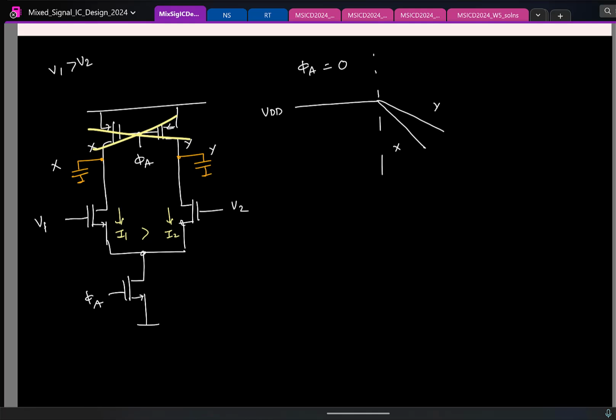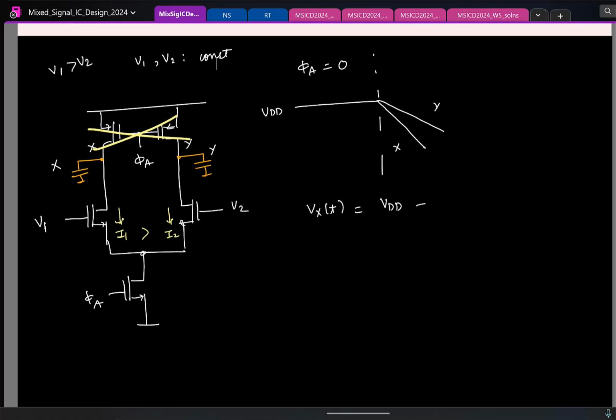Now if I try to write the expression for Vx of t, how will it look? VDD minus, that current, I'm drawing a current I1 from this. Let's assume for simplicity that V1 is constant, V2 is constant. So if V1 and V2 are constants, what can you say about these currents? They are also constants. So how will the voltage look?